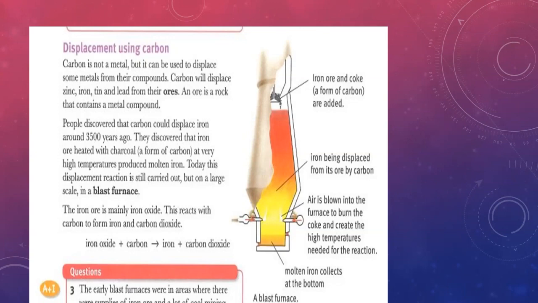Ore is the mixture or the rocks mixed with the metal. This metal is not found in the pure form, but is found maybe in oxide form. An ore is a rock that contains a metal compound.